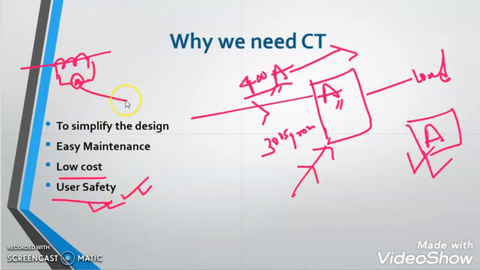But when the user monitors the current from an ammeter connected with the CT, the user encounters only 1 ampere or 5 ampere. So the user need not encounter higher current and higher voltage in order to monitor and control the power system. With the help of CT, the user can monitor and control the same power supply while encountering a very small current like 1 ampere or 5 ampere. So the user will be at very low risk.